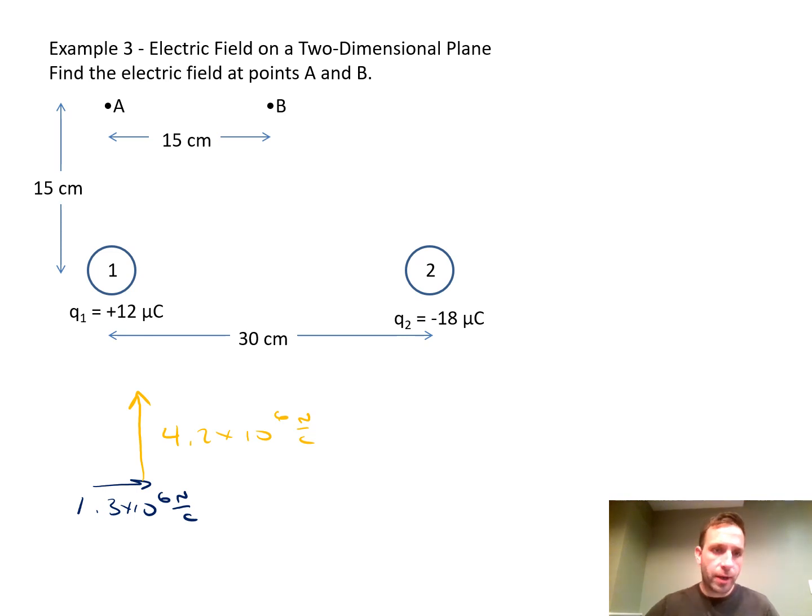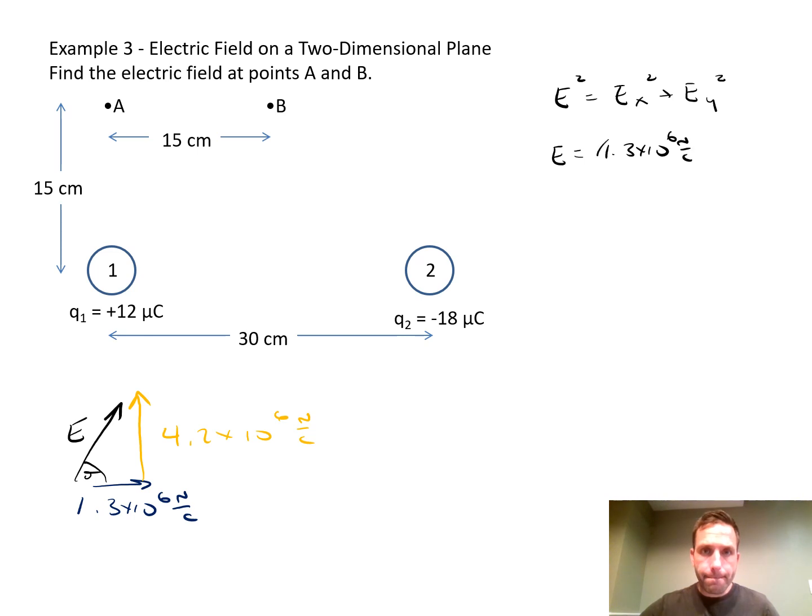And so now we're trying to find this resultant here, the total electric field. We need to find its magnitude and its angle. To find its magnitude, I'll use the Pythagorean theorem. So I get a magnitude of 4.4 times 10 to the 6 newtons per coulomb.